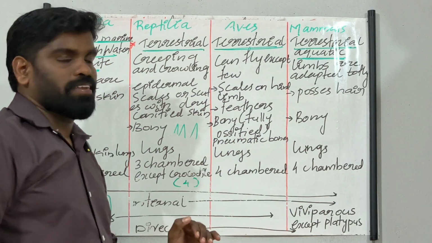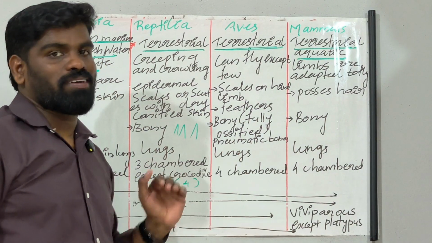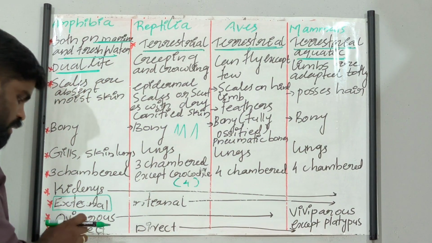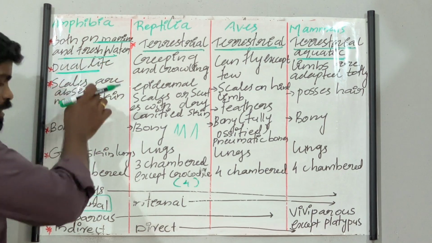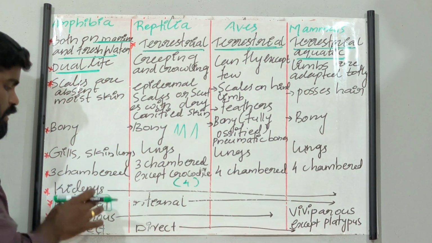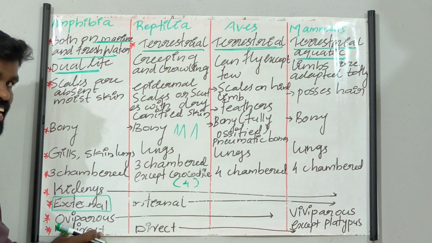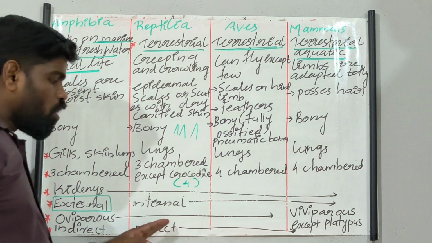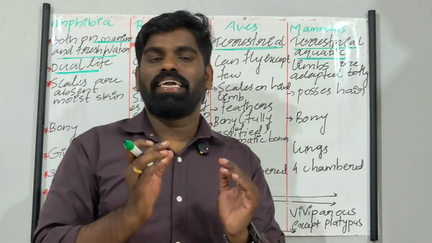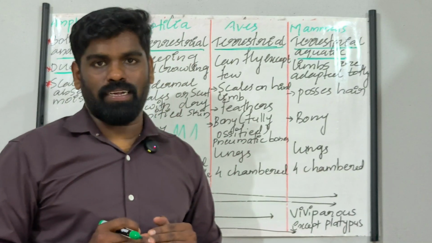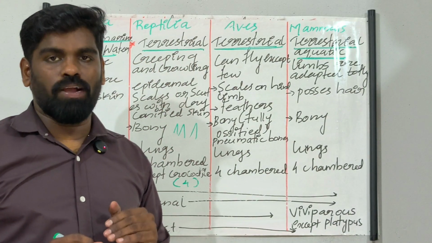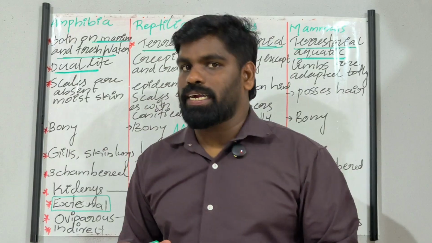So except platypus, all the other mammals are viviparous. Now, development: I already mentioned that there is a larval stage in amphibia, so the development is indirect in amphibia. In all the other classes, development is direct except amphibia. Okay, so these are the major characters.